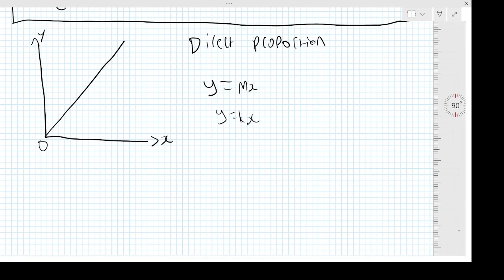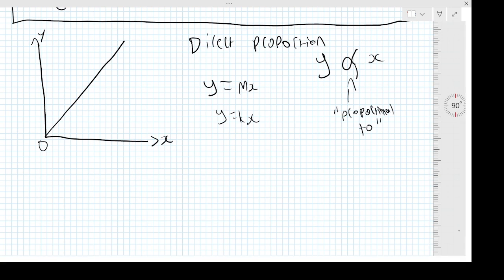Direct proportion means that the variable y, we say, is, I want to see if I can draw this properly, it's this weird sort of fish-like symbol. I'm probably not drawing it the best, but this means proportional to.